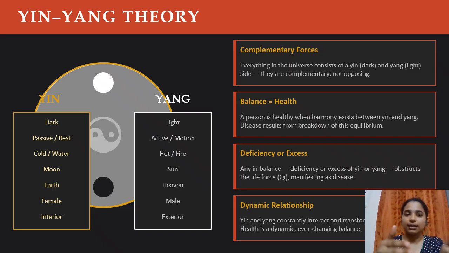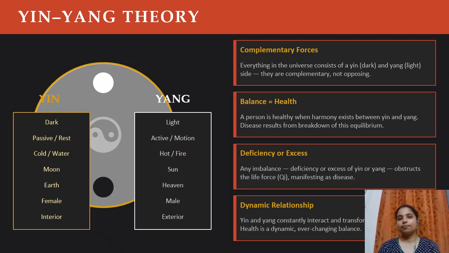That's why we have passive energy. And coming to the cold, because it is in the shade, we have a cold area, and it can be referred to as the moon, and as the earth. It can be referred to as feminine and interior.